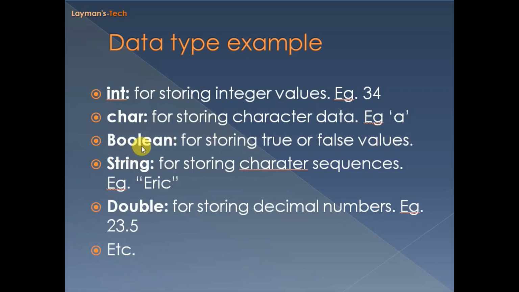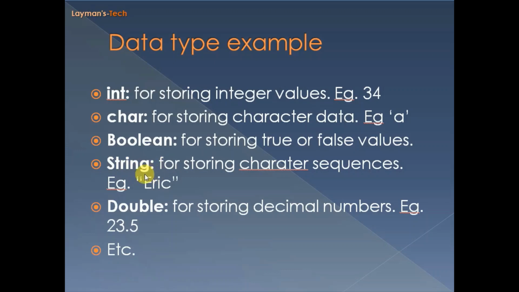With Boolean data types, there is a lot more we can talk about in order to understand that data type. But for now, just know that it stores true or false values. Another data type is what's called a string. Here's the thing about strings and characters.